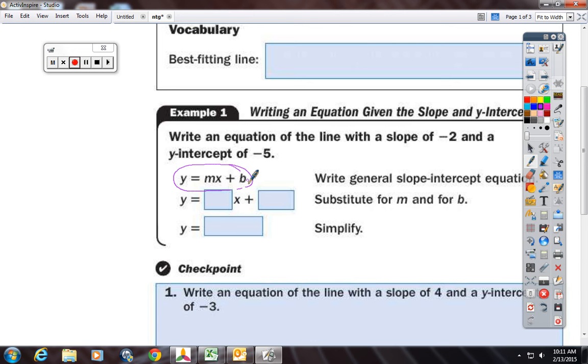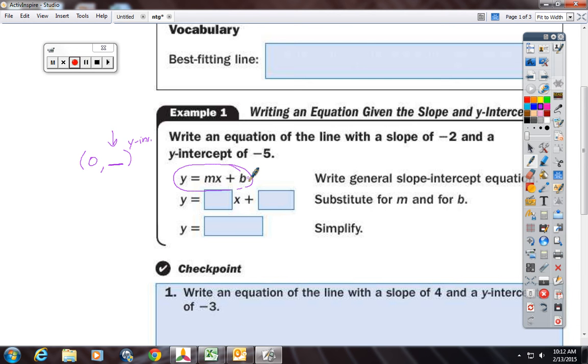And b right here is going to be the y-intercept. When we find the y-intercept, what is x? 0. So this number right here is the y-intercept. That's what b represents.